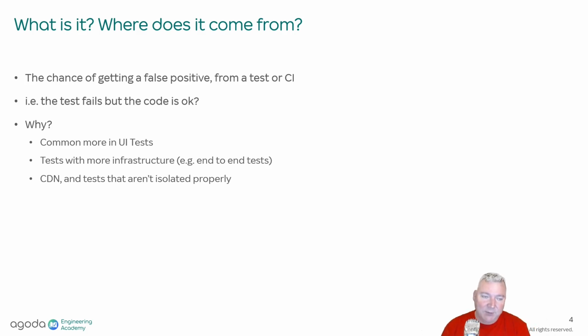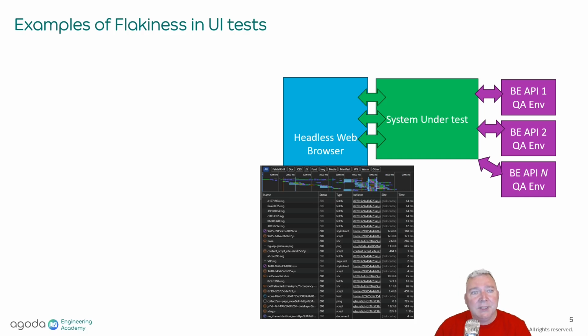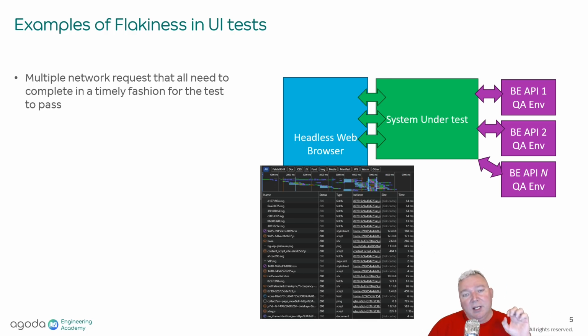And this becomes common, sometimes when you're testing websites and you've got parts of the website that you need to build that reach out to CDN, or sometimes even third parties for assets that they need. So, an example of a flaky test in a UI. A web browser makes a lot of requests to build a page.